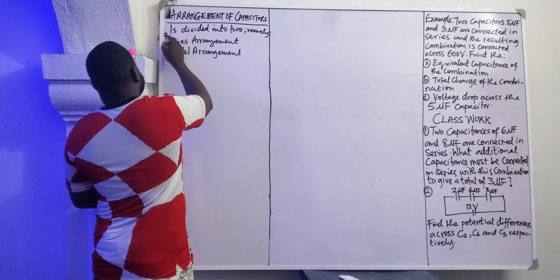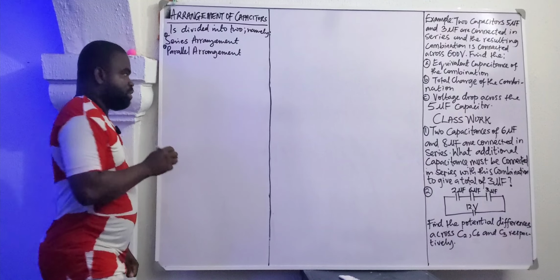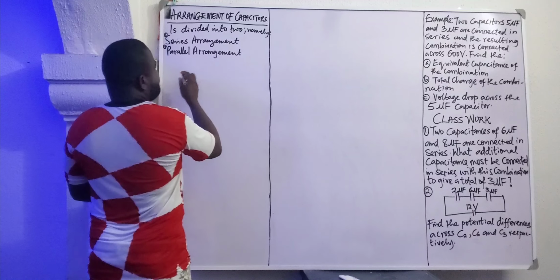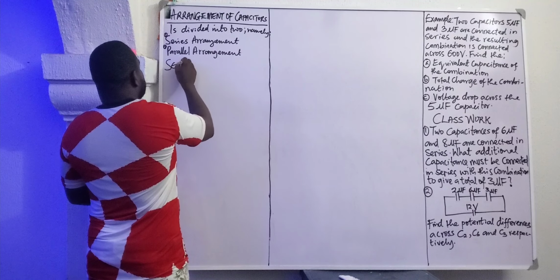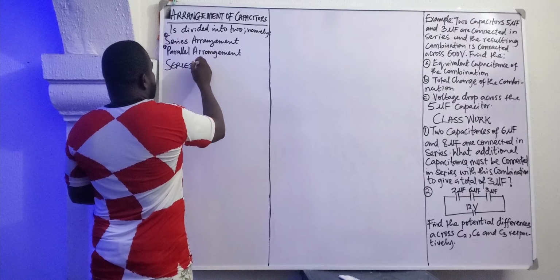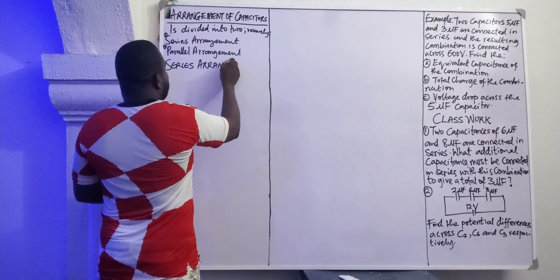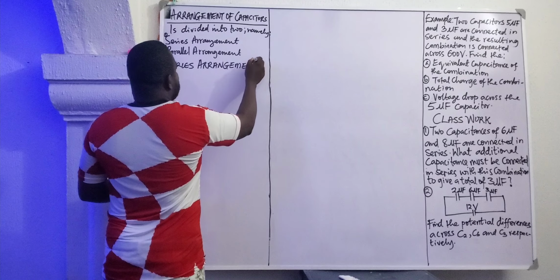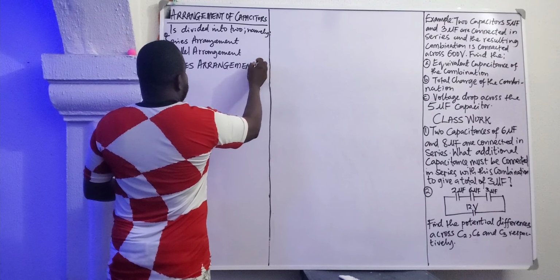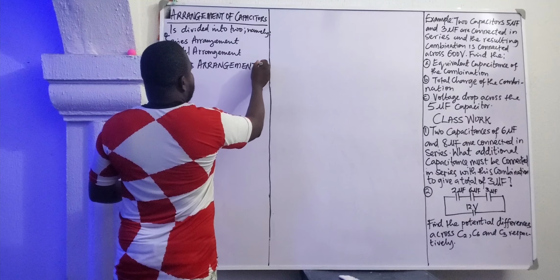So this is one, this is two. We will take the first one in this class, like I said earlier. So series arrangement of capacitor. We will have a circuit diagram where we shall connect three capacitors in series.